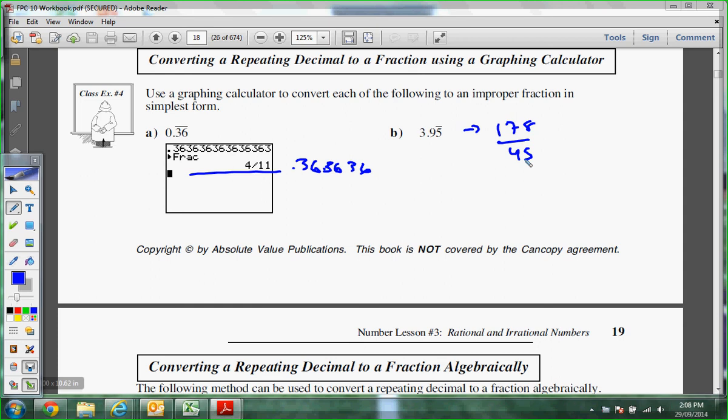Yeah, some of them don't. Yeah, you had it. Put this in your calculator. Just put 170 divided by 45. Then hit math fraction again and see if it puts it back there for you.